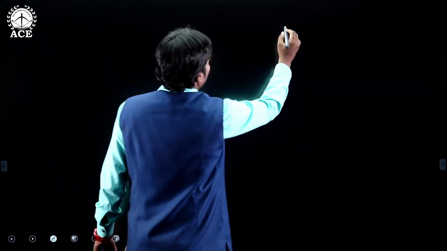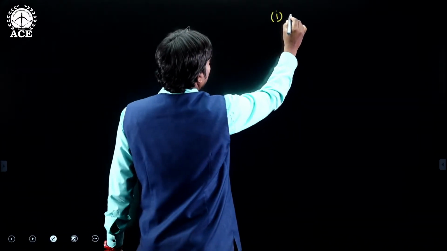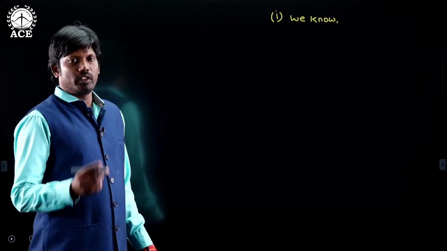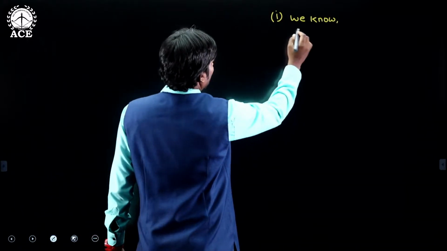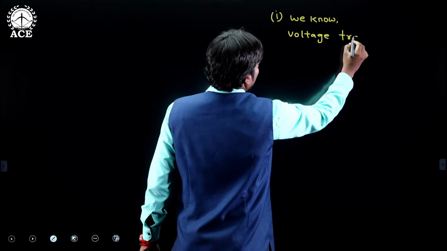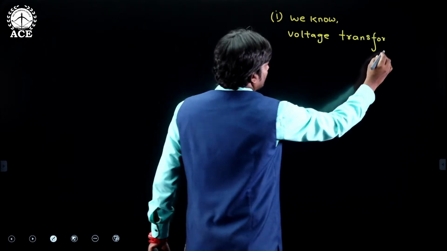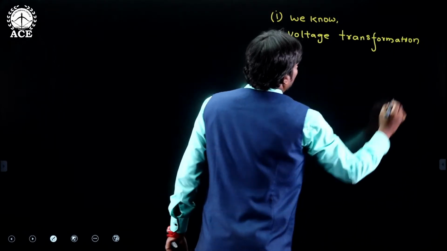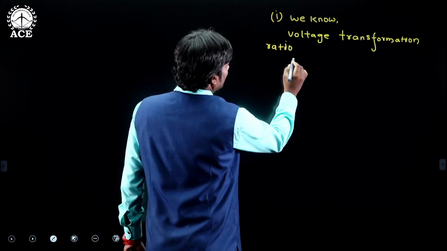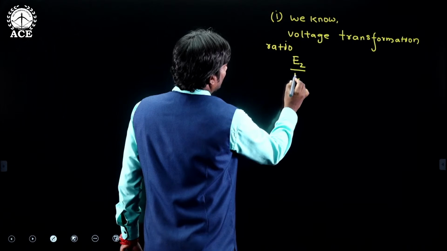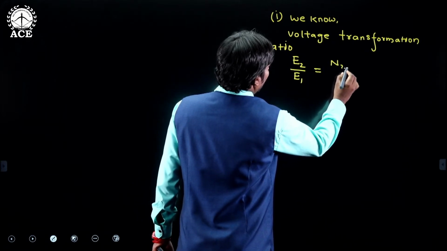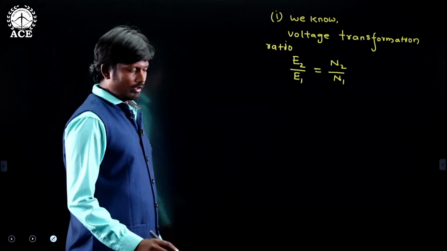Now we know the voltage transformation ratio of a transformer: E2 by E1 is equal to N2 by N1.